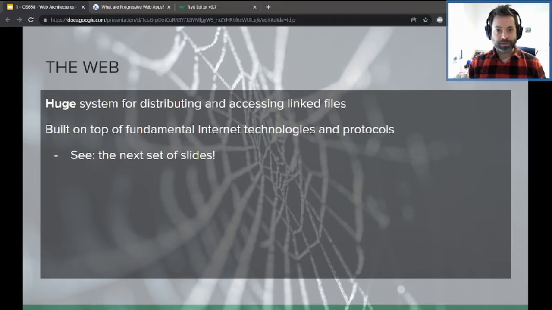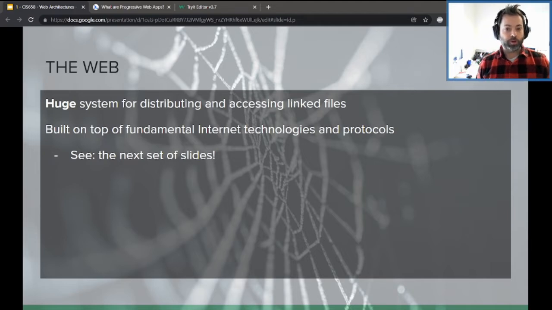Now, the term linked is important in there. It means that we can actually access it. If I am at thing A and I have a link to thing B, I can hop from A to B to get that, right? And the ability to access these and distribute these across the world is basically what the web gets us.